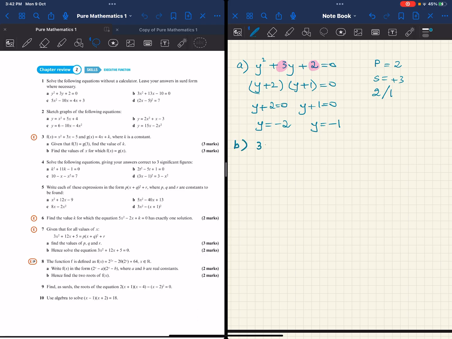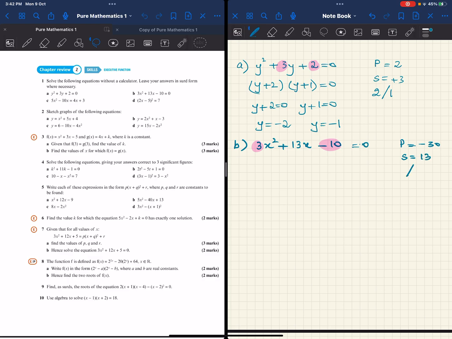3x squared plus 13x minus 10 is equal to 0. Now here the product will be the coefficient of x squared into the constant. So the product is negative 30. The sum is the coefficient of x, which is 13.